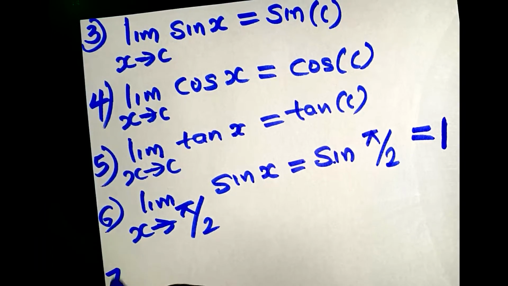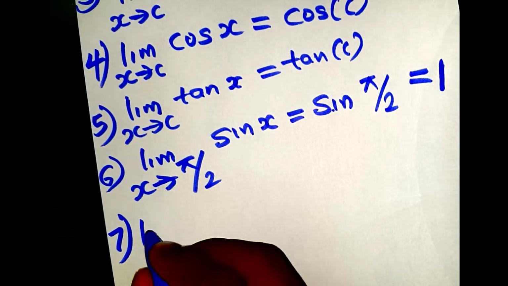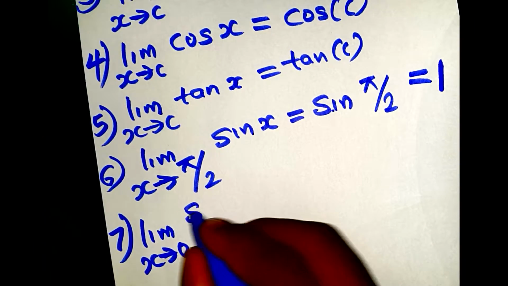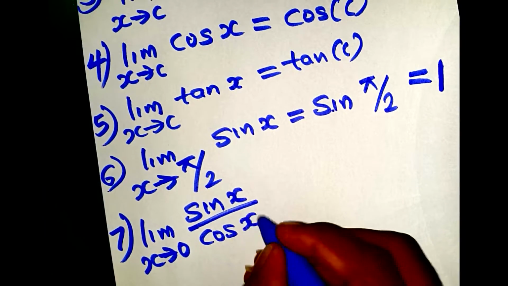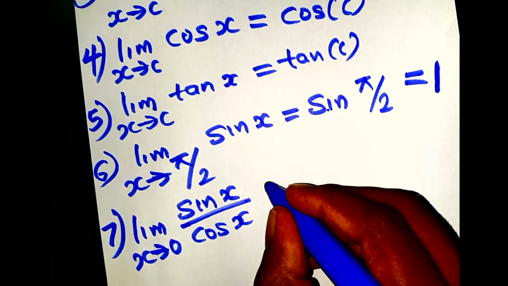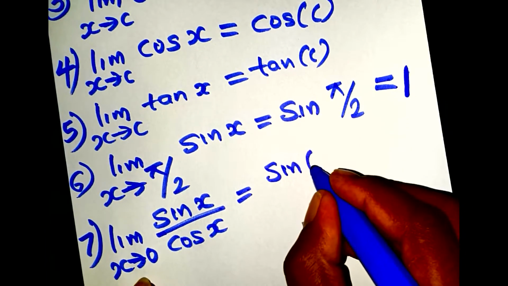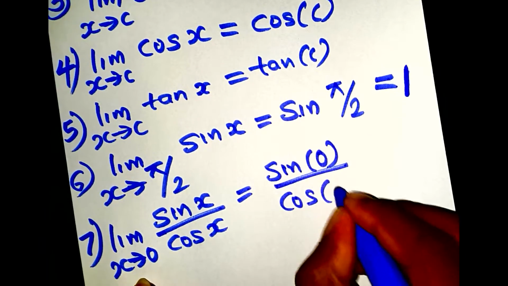Another example, 7. Limit x tends to 0 of sine x over cosine x. Same thing is applicable here, replace x with 0: sine 0 over cosine 0.